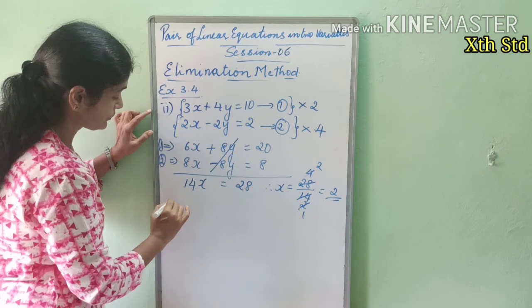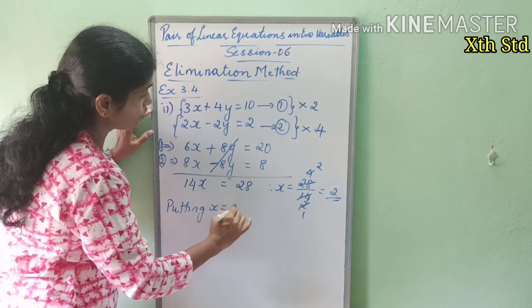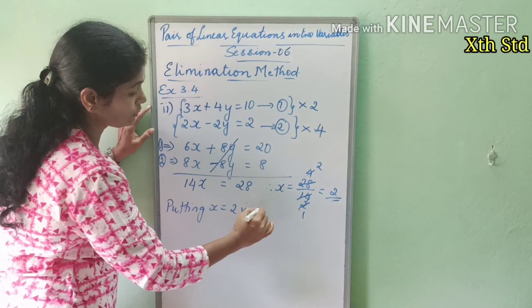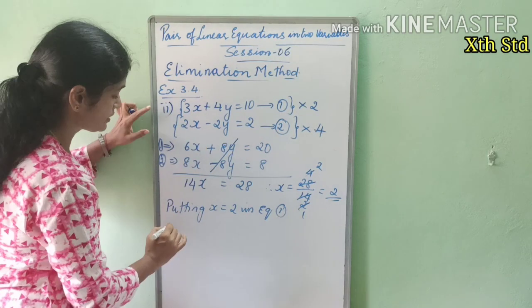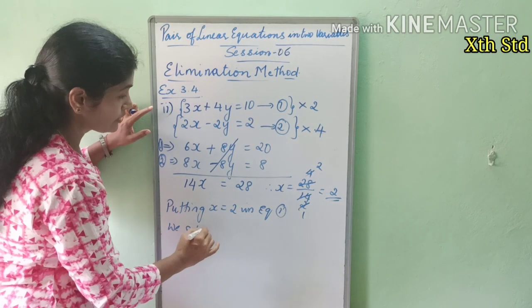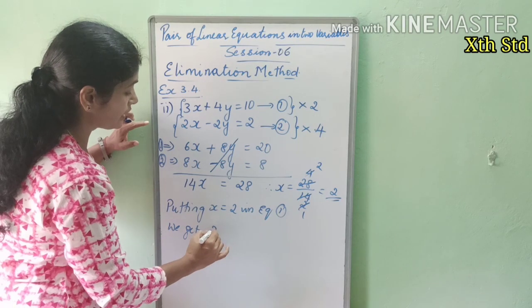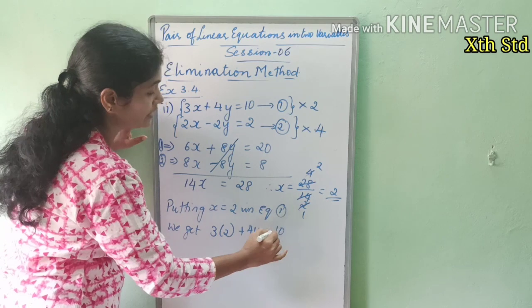So now substituting x equal to 2 in any one of the equations, equation 1 or equation 2, any one you can take up. In equation 1, what do we get? In place of x you are substituting 2. So 3 into 2 plus 4y is equal to 10.